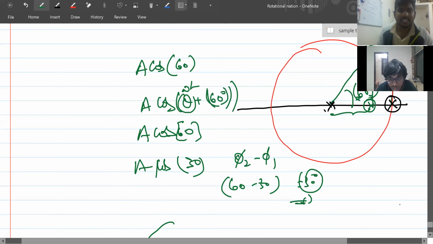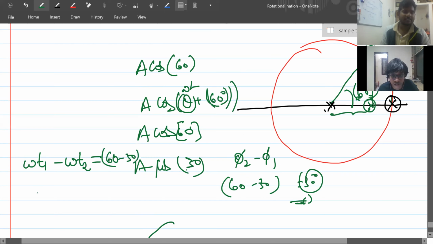You see here, 60 degrees minus 30 degrees you did right here. 60 minus 30 can be written as omega t1 minus omega t2 is equal to 60 minus 30, right? If you take omega common, t1 minus t2 is equal to 30 degrees, right? Omega can also be written as 2 pi by T, right?